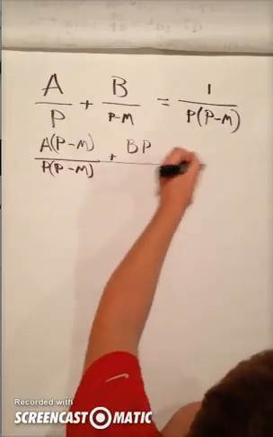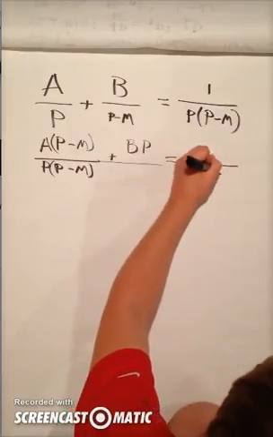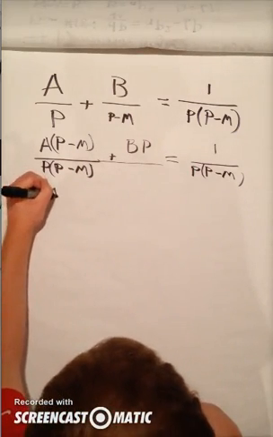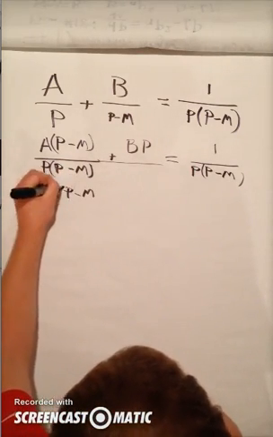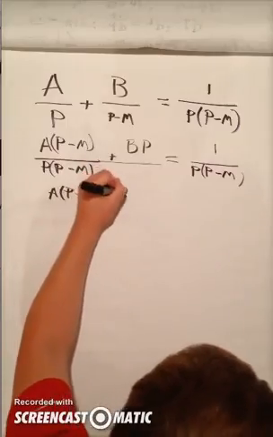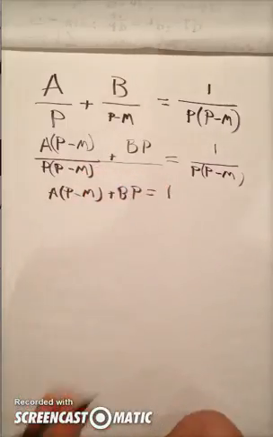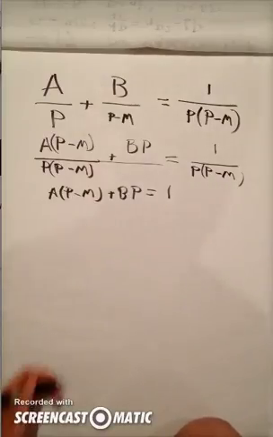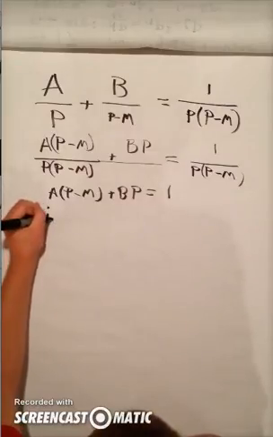Since these all have the same denominator, we can say that the tops are equal to each other. This gives us A times (P minus M) plus B times P equals 1.